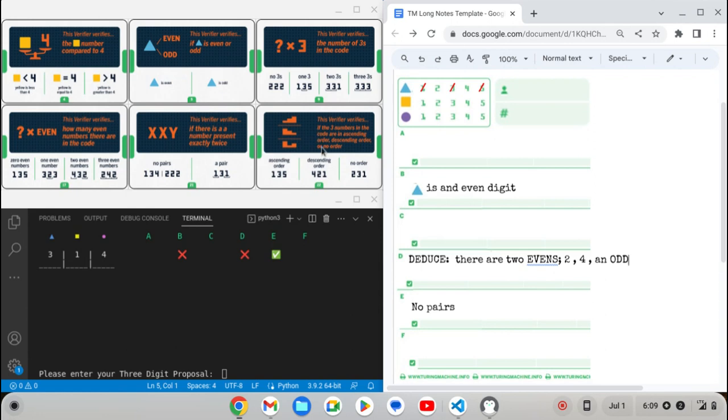And then of course we've got criteria card F, which tells us a little bit about the order of the digits. So it could be that the triangle may be 2, and then square is 4, which would then force circle to be an odd.